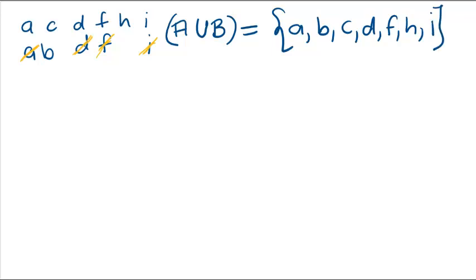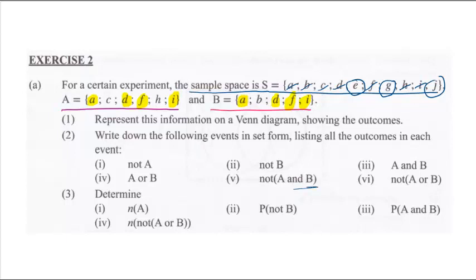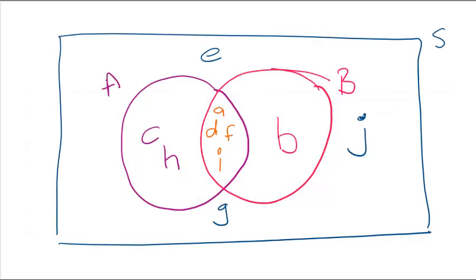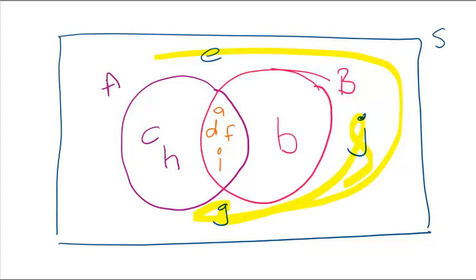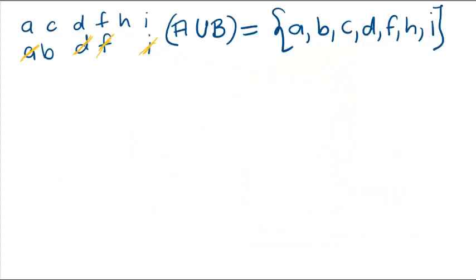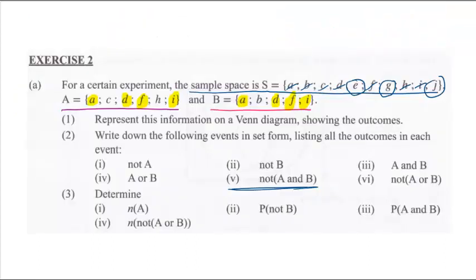Next question. Not A and B. If A and B are the two circles, not A and B is everything that is not in the circles. E, J, G, E, G, J. Okay, so how do I write this? The question says A and B. Oh, be careful.